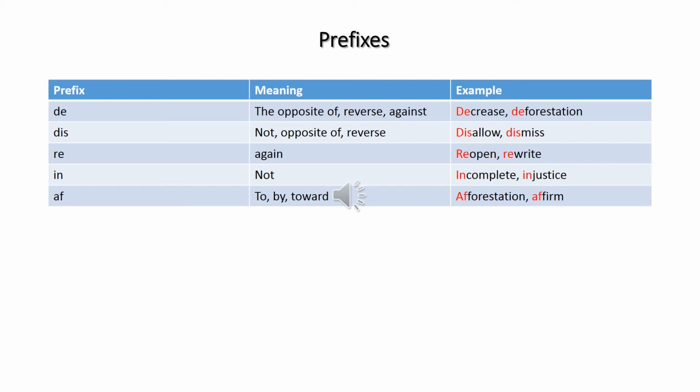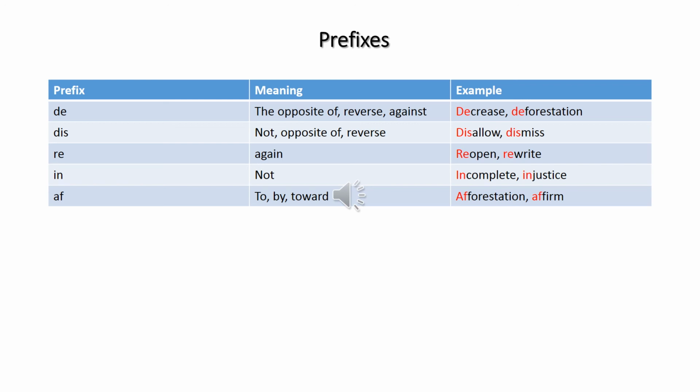The prefix af means to or by or toward. Examples: afforestation and affirm. Afforestation is a word and it has its own meaning. Forestation itself is a word and it has its own meaning that is different from the meaning of the word afforestation.